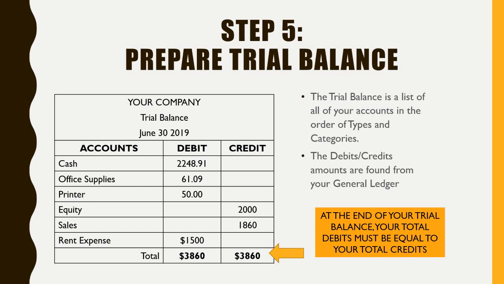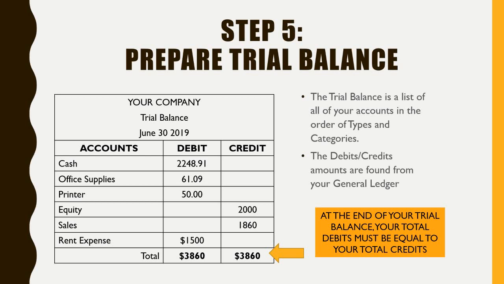Or maybe we accidentally forgot to place the information in one of the accounts in the ledger, or I made a typo, or I put it in the wrong account. Yes, it happens, okay? But once at the end of a trial balance, you figure out that your total debits match your total credits.